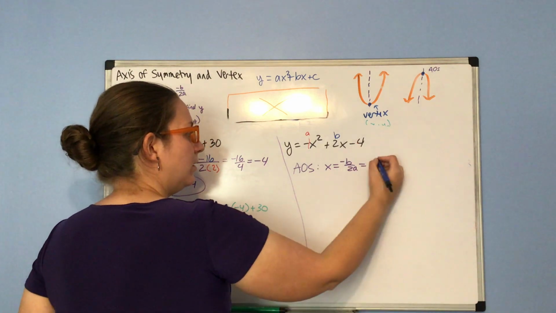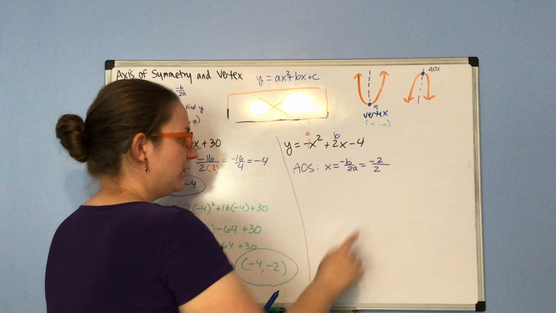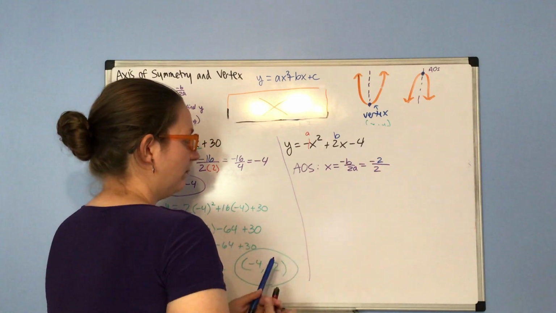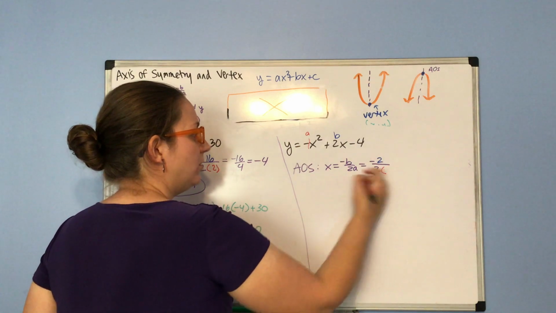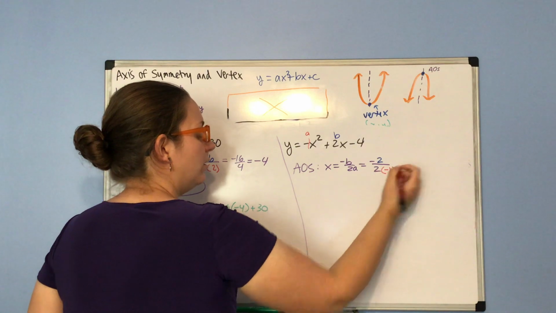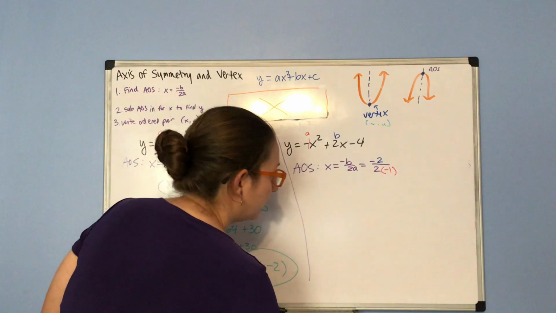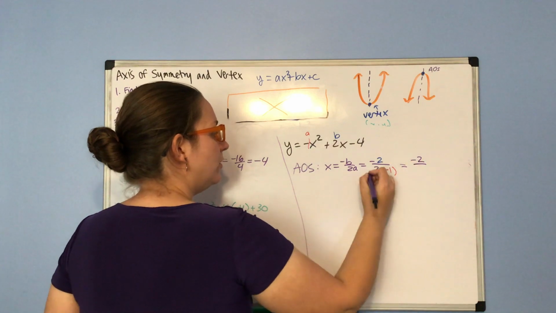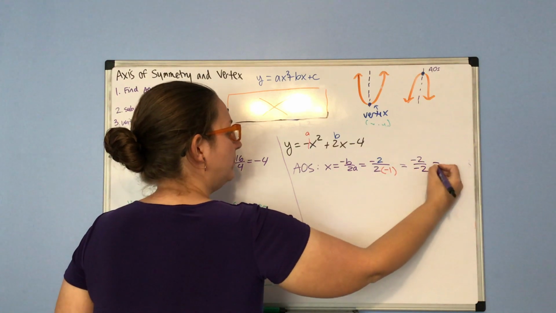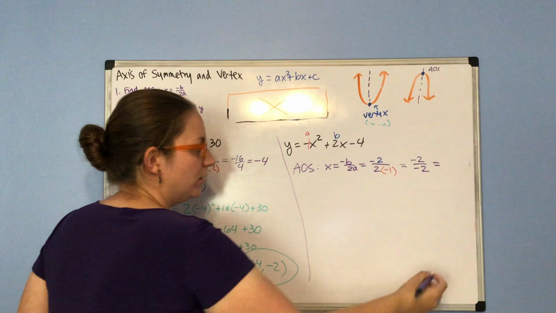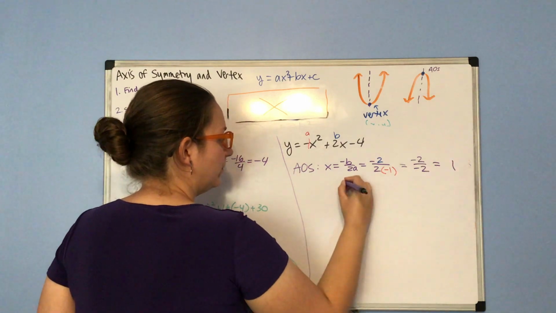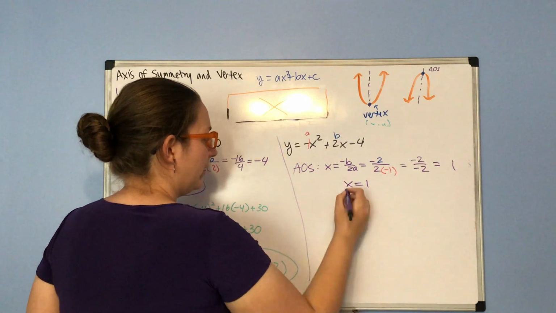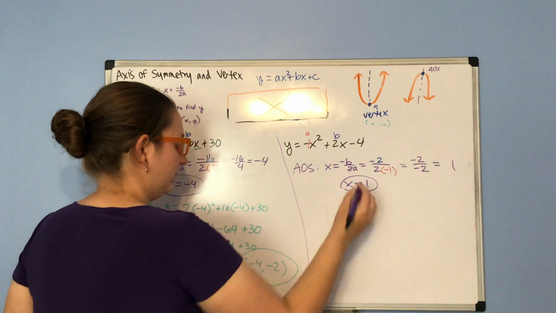Plugging things in. 2 goes up top, so it's going to be negative 2 because it's negative b. And then the denominator is going to be 2 times a, which is negative 1. Simplify, simplify. 2 times negative 1 is negative 2. Negative 2 divided by negative 2 is positive 1. So my AOS is x equals 1. Excuse me.